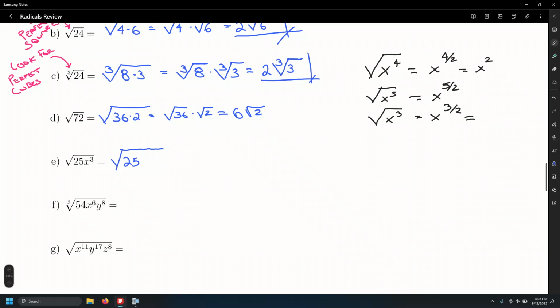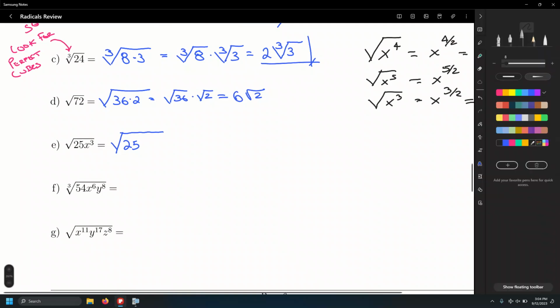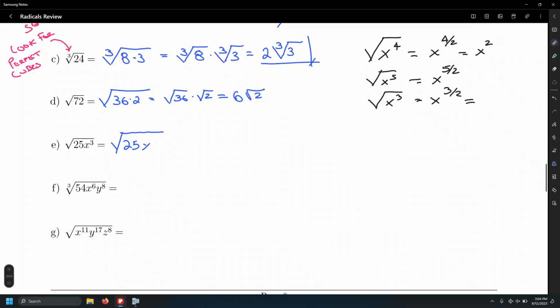However, we will break down x to the 3rd power into a product of a perfect square, that is x squared times x. So we're using the laws of exponents backwards so we can find this perfect square root. Now notice that we have 3 factors: the square root of 25, the square root of x squared, times the square root of x.